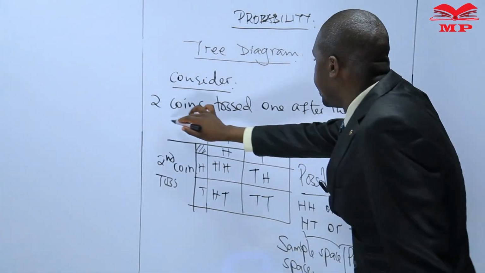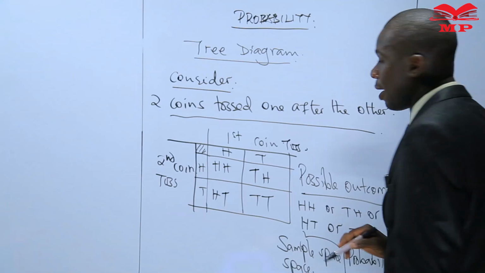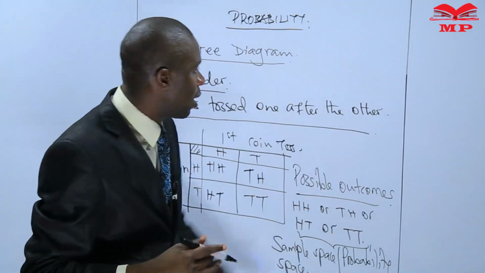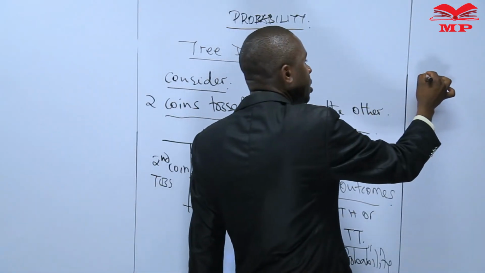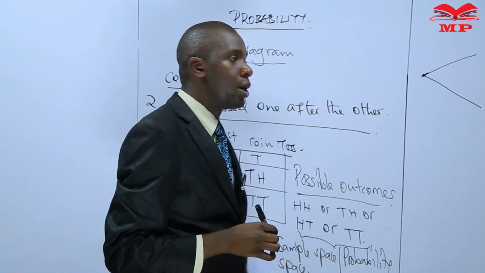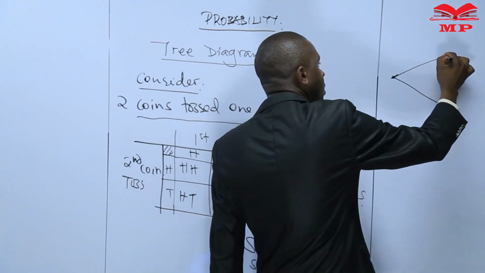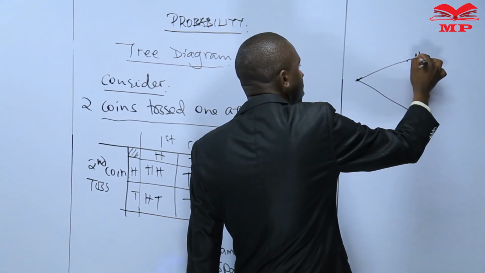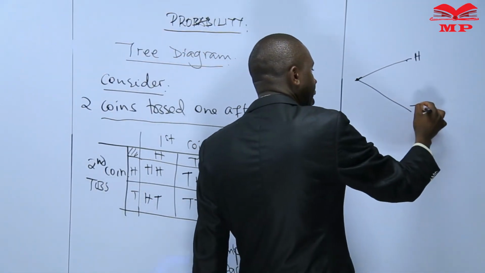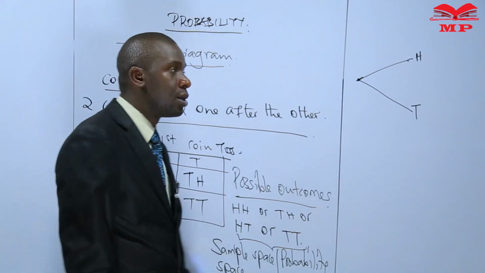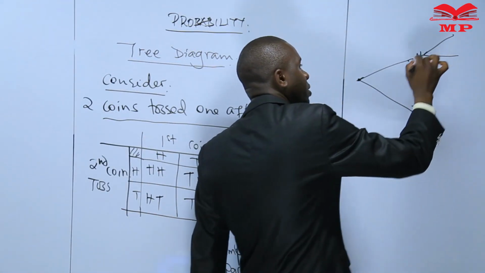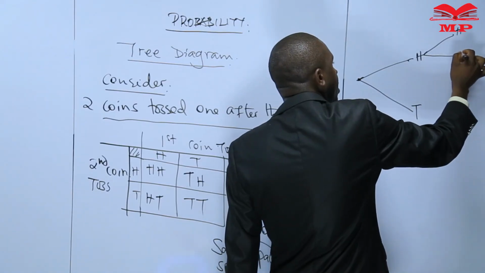So let's consider the same statement, two coins tossed one after the other. Looking at that, we can say that in the first toss, there can be a head or a tail. In the second toss, if you had a head in the first toss, you can still get a head or a tail.